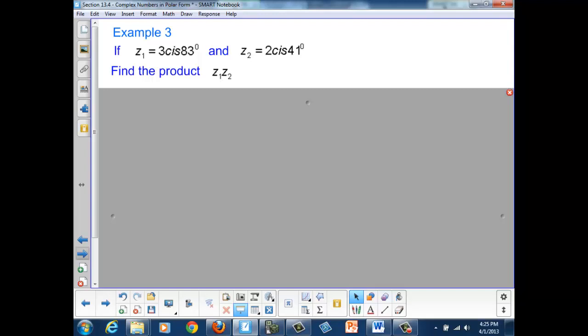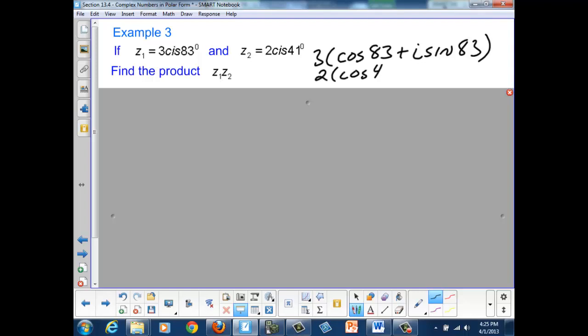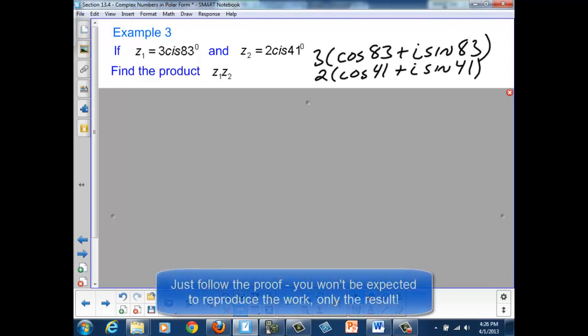That 3 cis 83 is also 3 times the cosine of 83 plus i sine of 83. And the 2 cis 41 is 2 times cosine 41 plus i sine 41. Now I'm going to work out this multiplication. Just follow along and let's see where we end up.